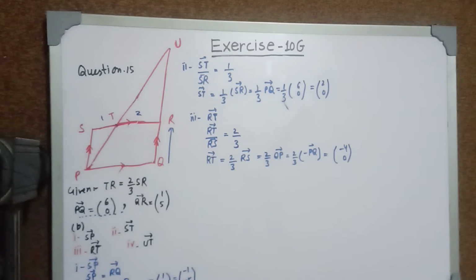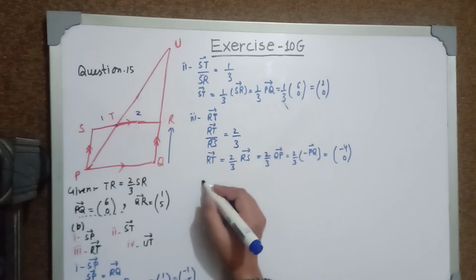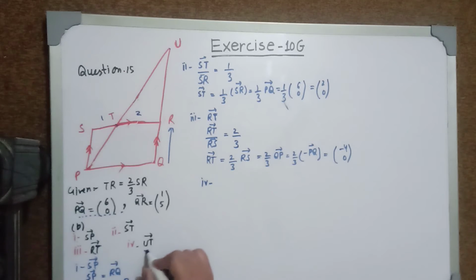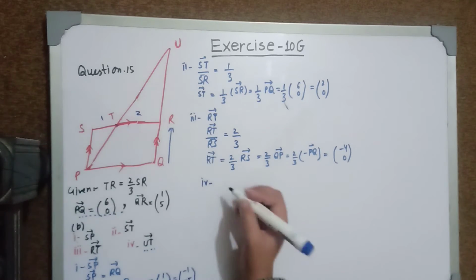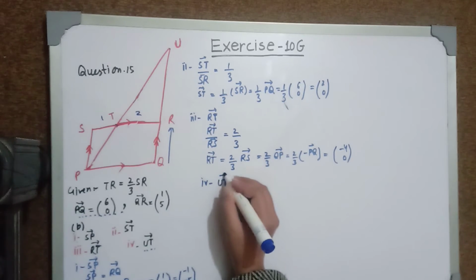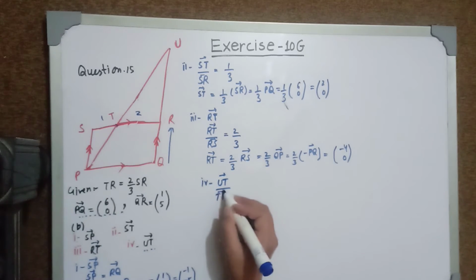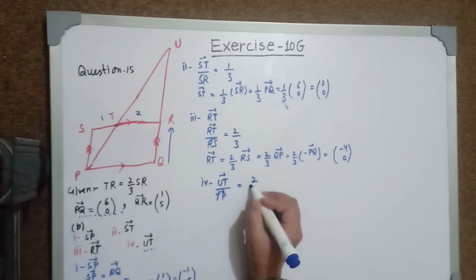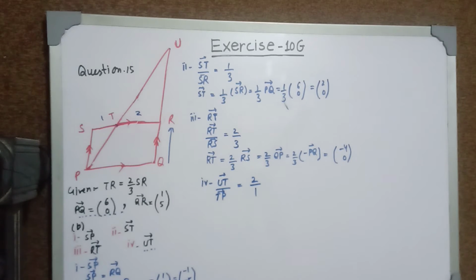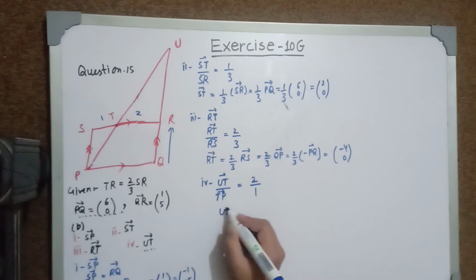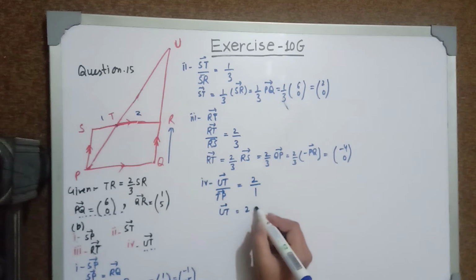So I'm going to take the ratio of UT to TP because we need to find UT. They have asked us to find UT. So the ratio UT to TP is 2:1, and UT will be equal to twice TP.